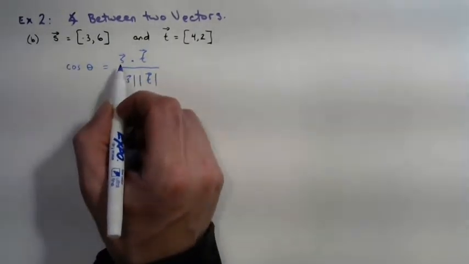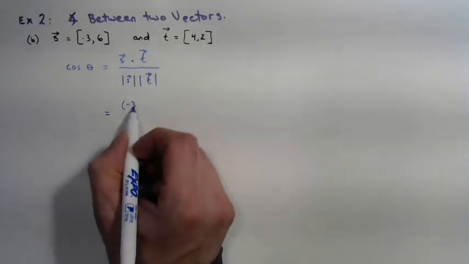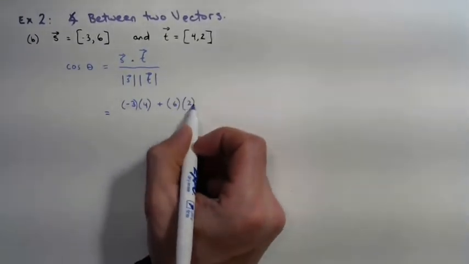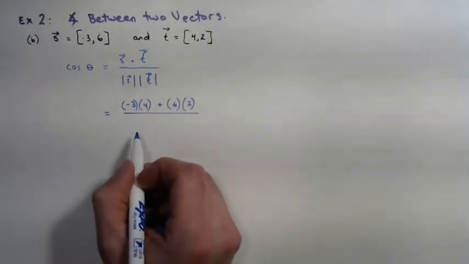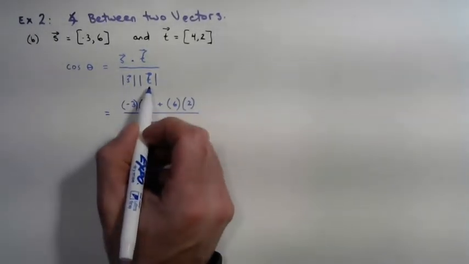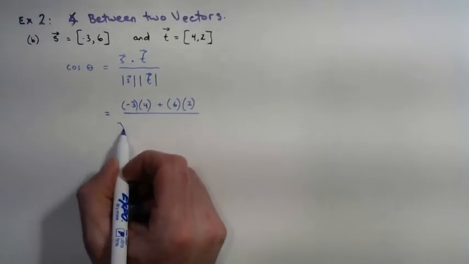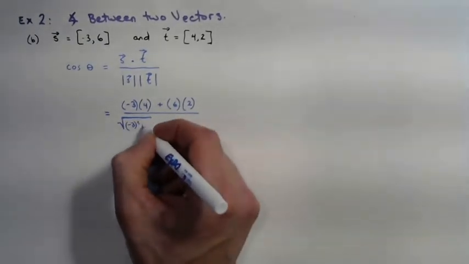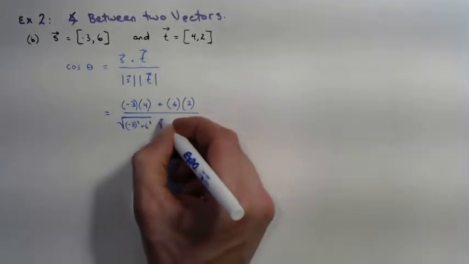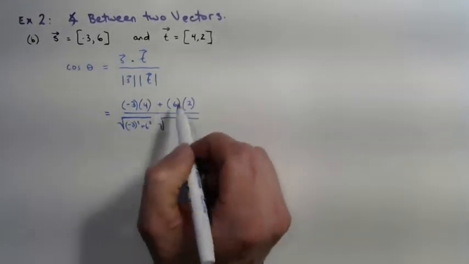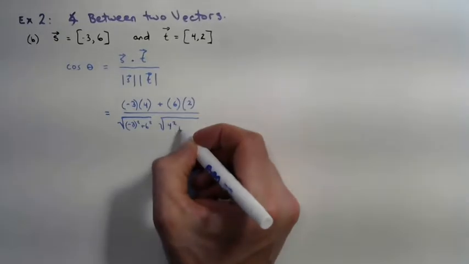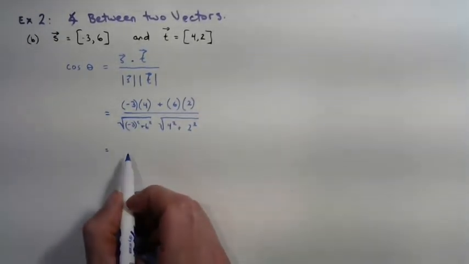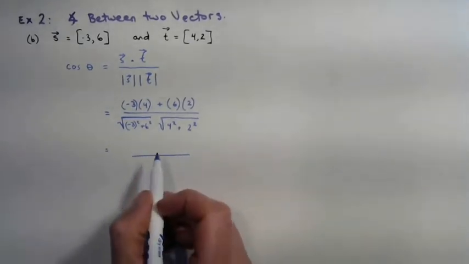The dot product of S and T is going to be negative 3 times 4 plus 6 times 2. And the denominator is going to be the magnitude of S times the magnitude of T. Well, the magnitude of S is square root of negative 3 squared plus 6 squared. And the magnitude of T is going to be 4 squared plus 2 squared. Again, simplify this as much as I can before putting anything in the calculator.